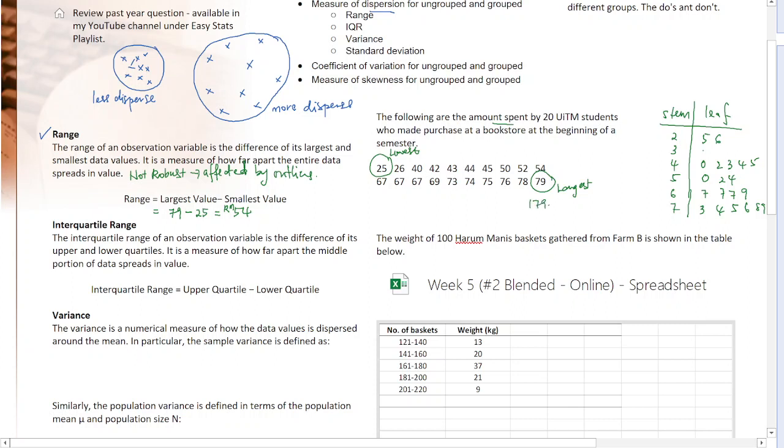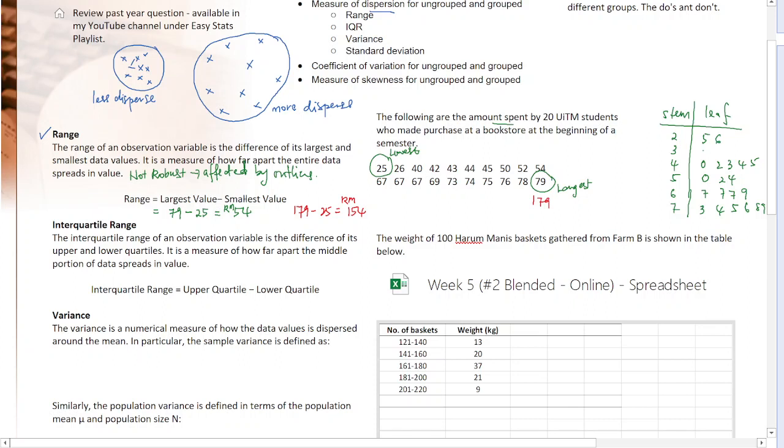So now your range will be 179 minus 25, which is 154. You can see that if there exists an outlier or an extreme value, then the range will be affected.